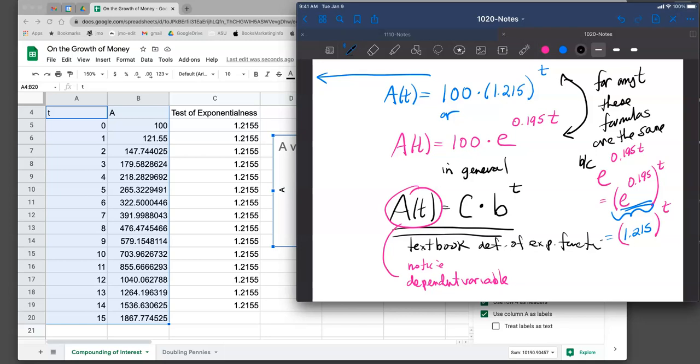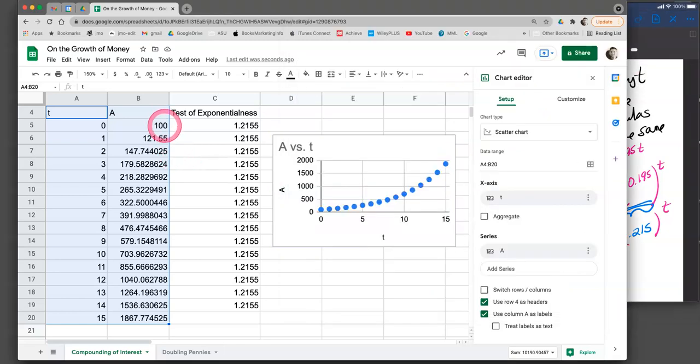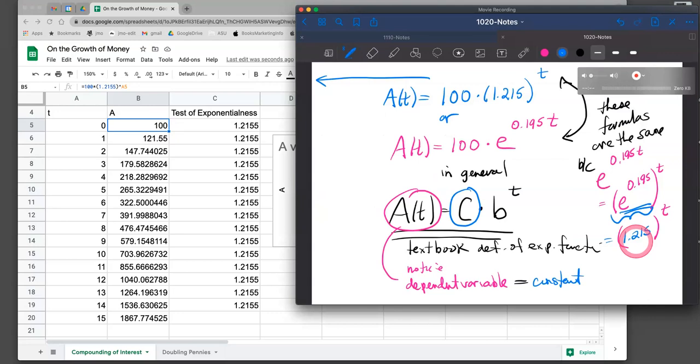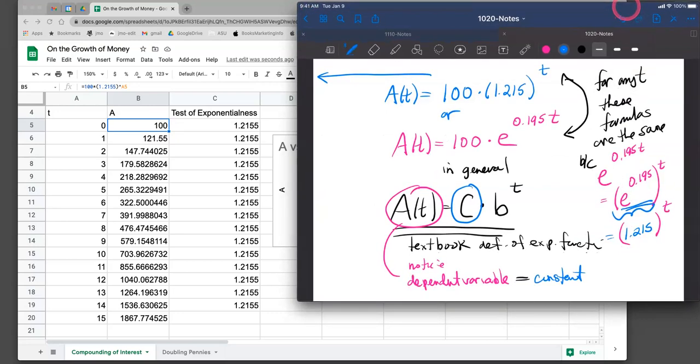It is equal to a constant, c, and in the case of money, that constant is the starting amount of money in your account, the amount that you deposited. Then there is the base b, which is a number. In the case we've seen, it is 1.215.